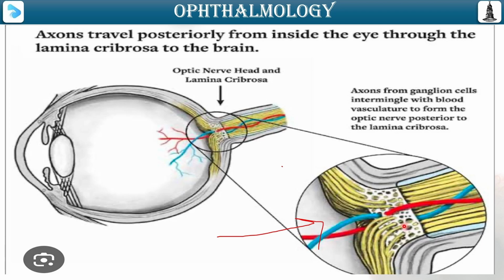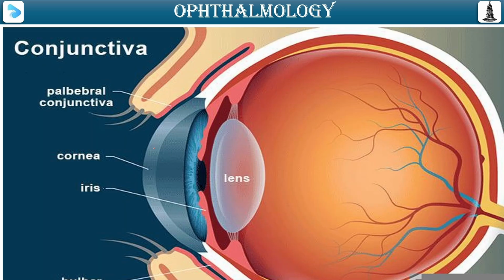Here comes a very important question. What is the most important structure of the eye? The most important structure of the eye is the retina. Why? Look at this light ray coming to the eye. It will pass first through the cornea, then through the pupil, then through the lens, then through the vitreous body until it reaches the retina.